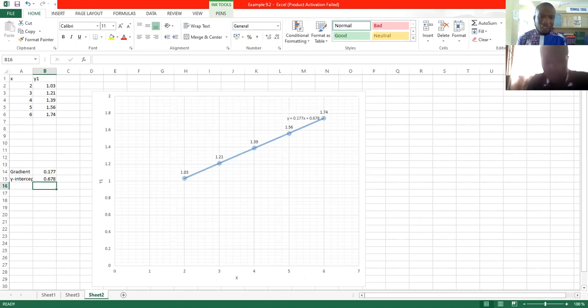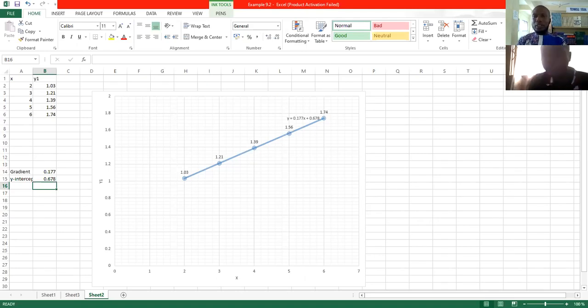The scale is 2 centimeters to 1 unit on the x-axis and 2 centimeters to 0.2 units on the y-axis, which we are calling y1, so on the y1 axis.